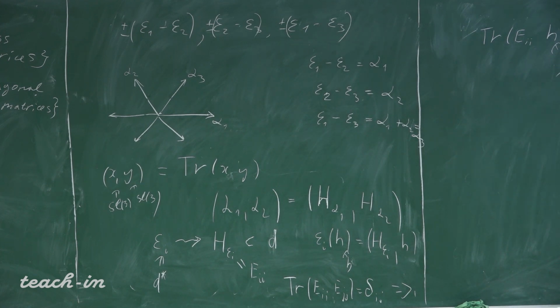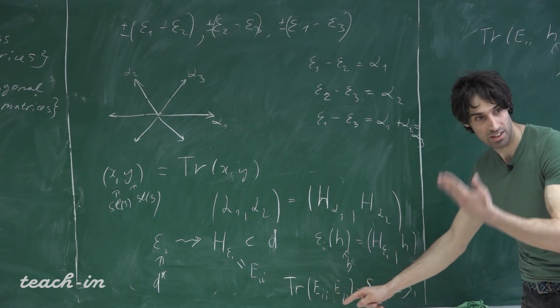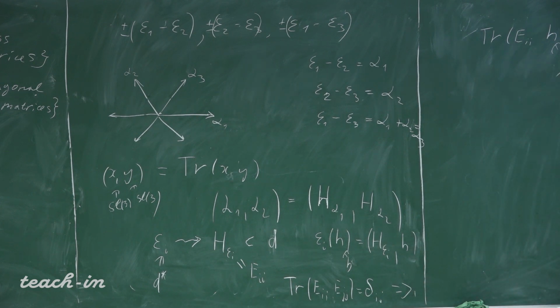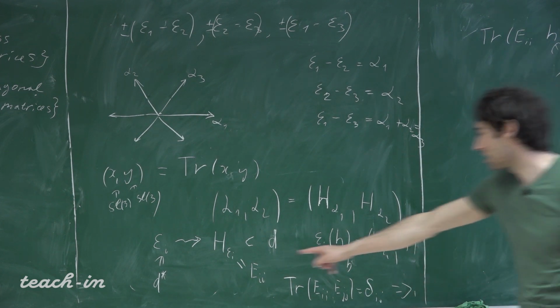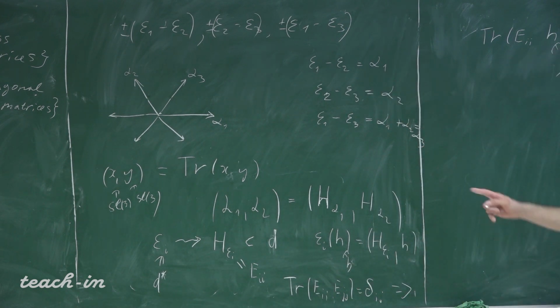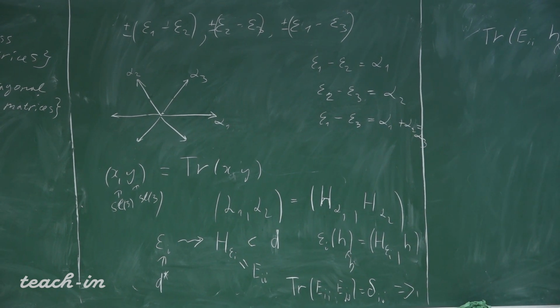Just decompose h as a sum of h_j E_jj, and the only one that survives is E_ii. So therefore h_epsilon_i is exactly E_ii.